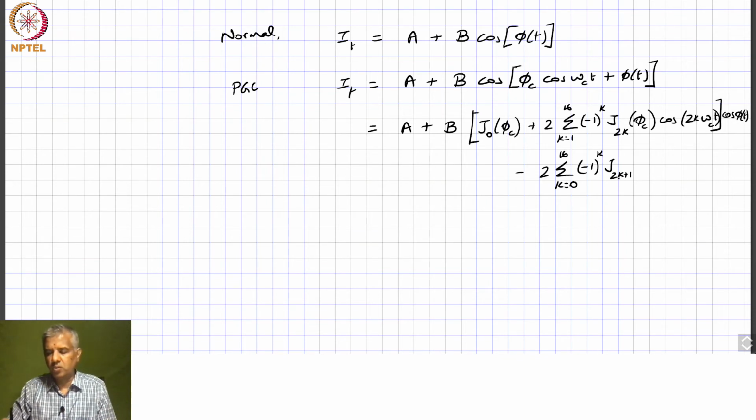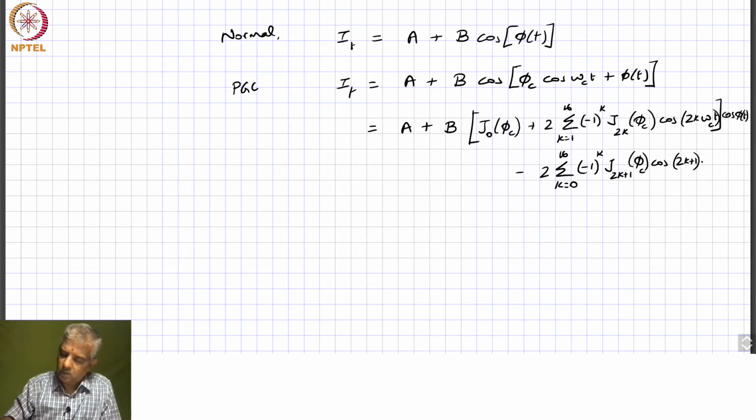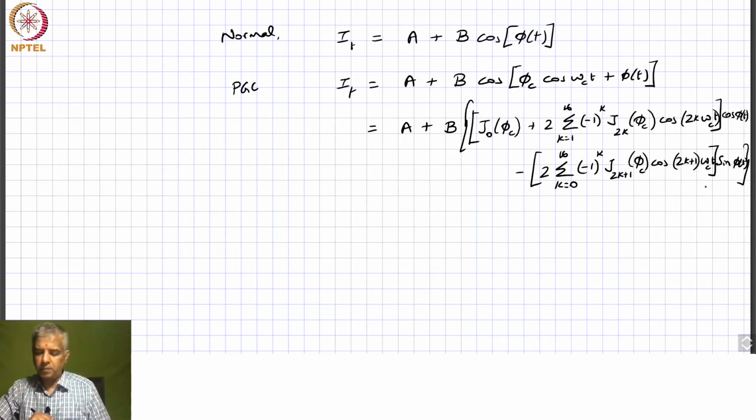So, this corresponds to essentially 1, 3, 5, 7 and so on of phi c, and then you have cos of 2k plus 1 omega c t, and this component is multiplied by sine of phi of t. So, that's in the big brackets.